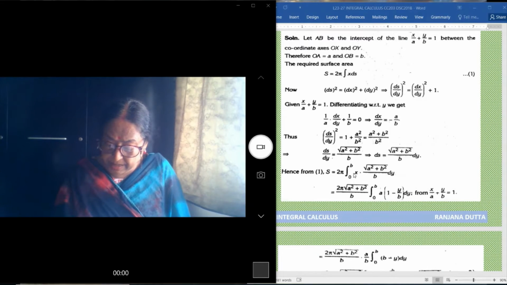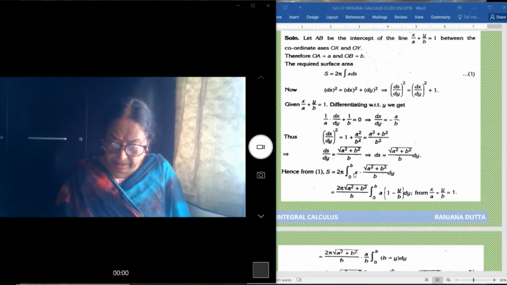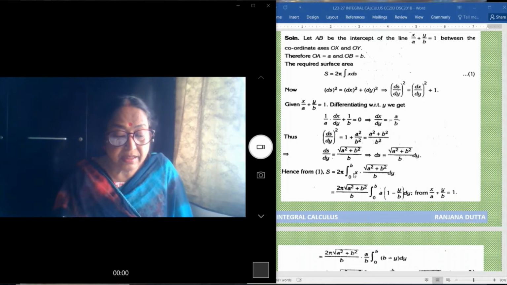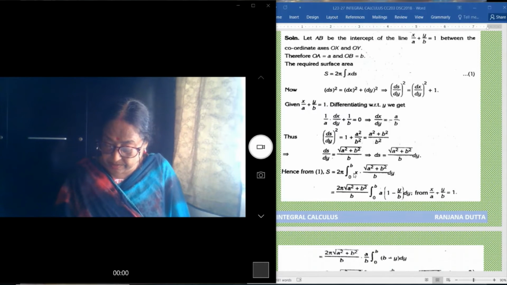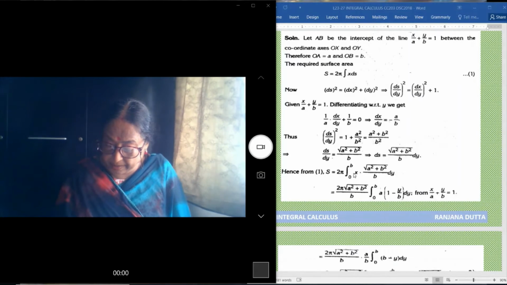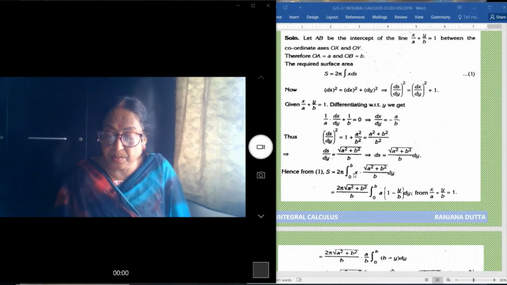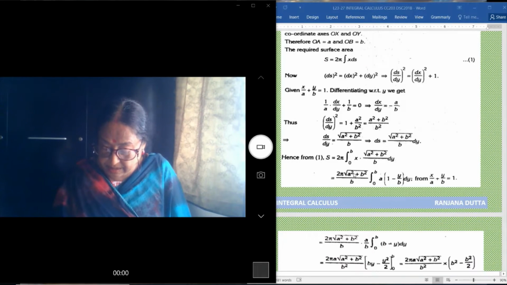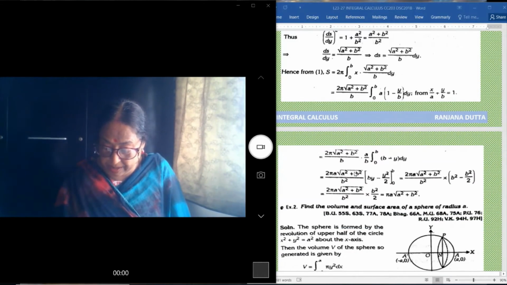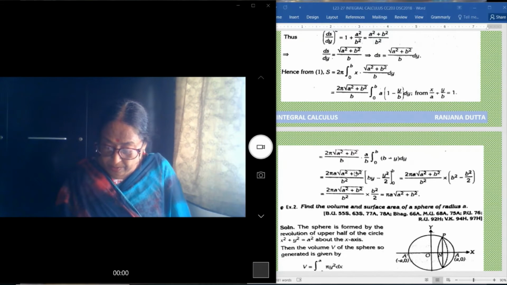Now integrating it and putting the limit, we will get the value as we can see here. The limit of y will be from 0 to b.